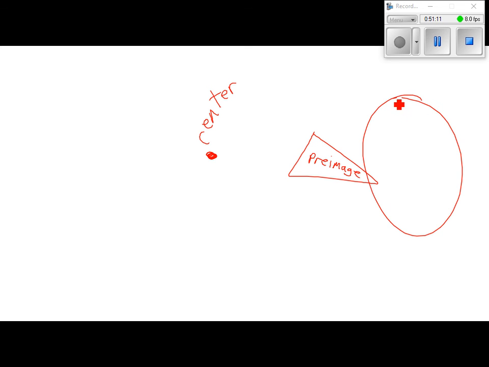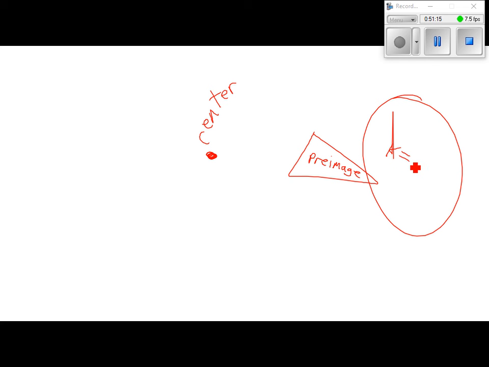If we have a negative scale factor, let's do this. If I put my shape right here, this is our center point. This is our original shape. This is our pre-image. What we start with. If your shape ended up out here somewhere, what kind of scale factor would you have?